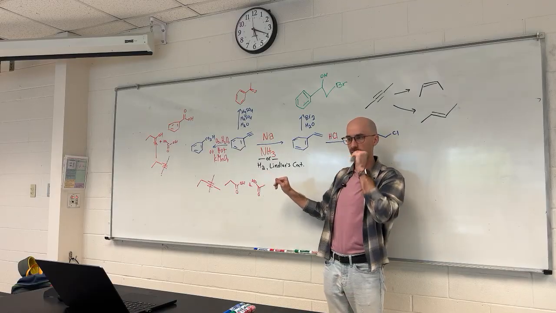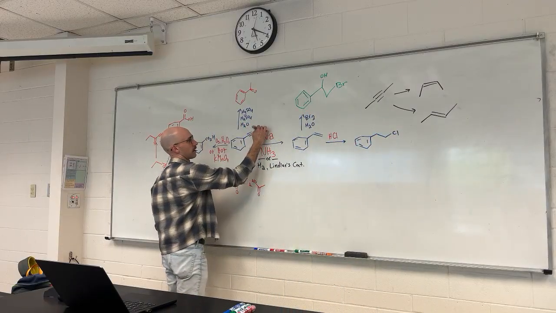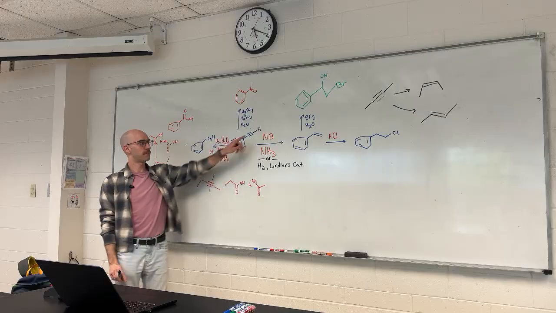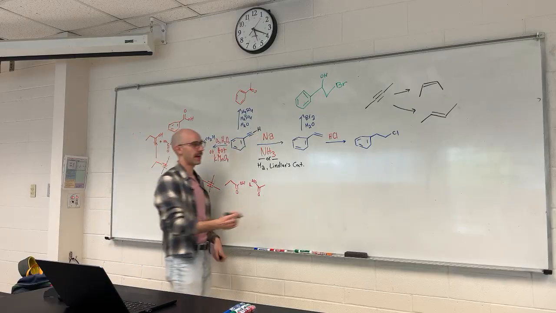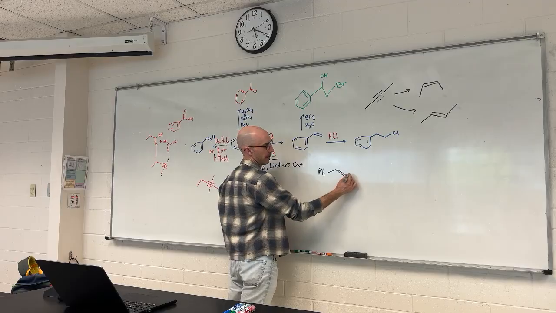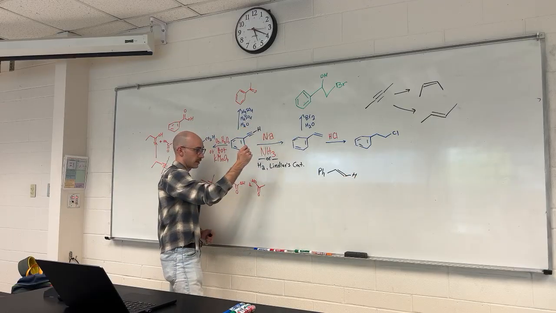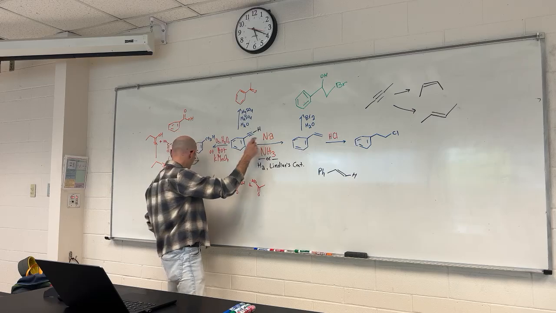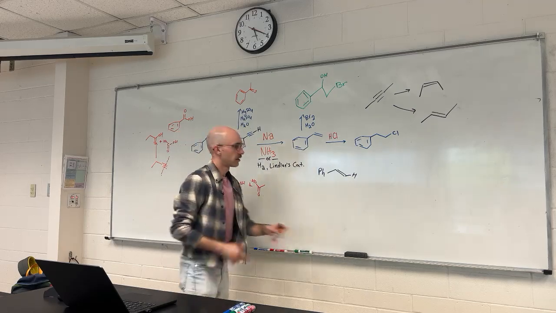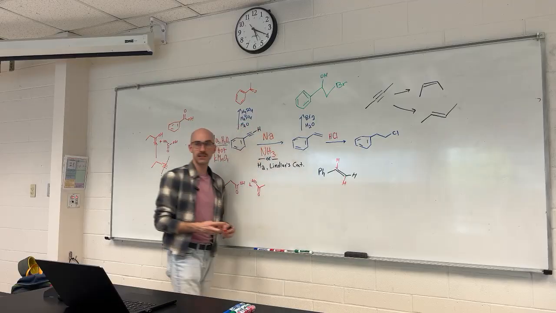Okay. And to be fair, let's look at it this way. If black is my original hydrogen, then forming this by sodium and ammonia would place my two new hydrogens trans to each other.